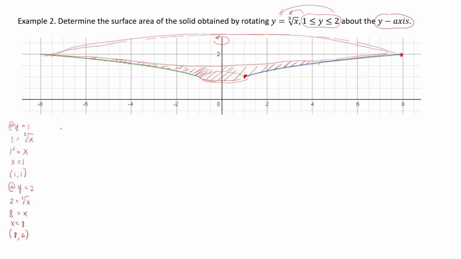Okay, so next we're going to have the formula first. So again, we are having a range of y, meaning we are integrating with respect to y, and we are rotating about the y-axis. So surface area is equal to 2 pi.